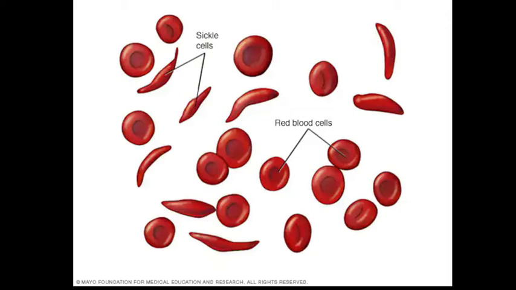The shape of the red blood cell becomes distorted and sickle shaped, and sickle shaped red cells not only transport less oxygen, resulting in anemia, but also tend to clump together and clog small arteries. Please note there are two different states, homozygous and heterozygous, in regard to sickle cell anemia.